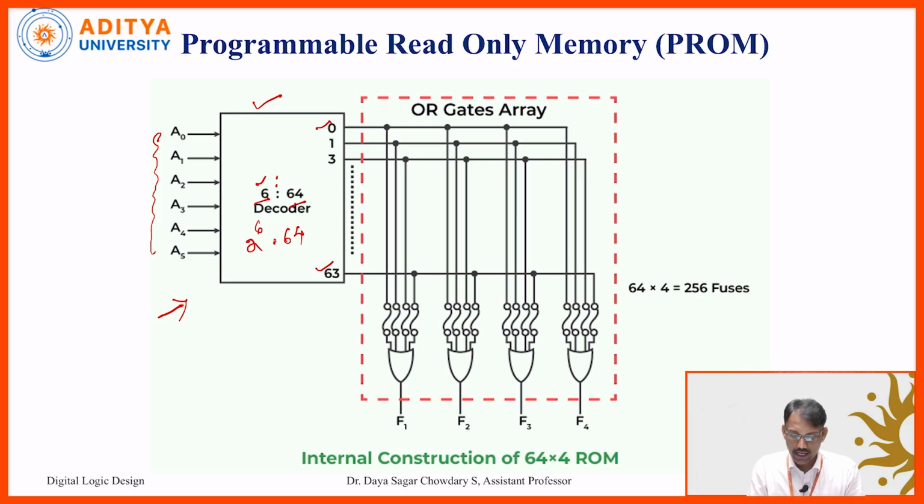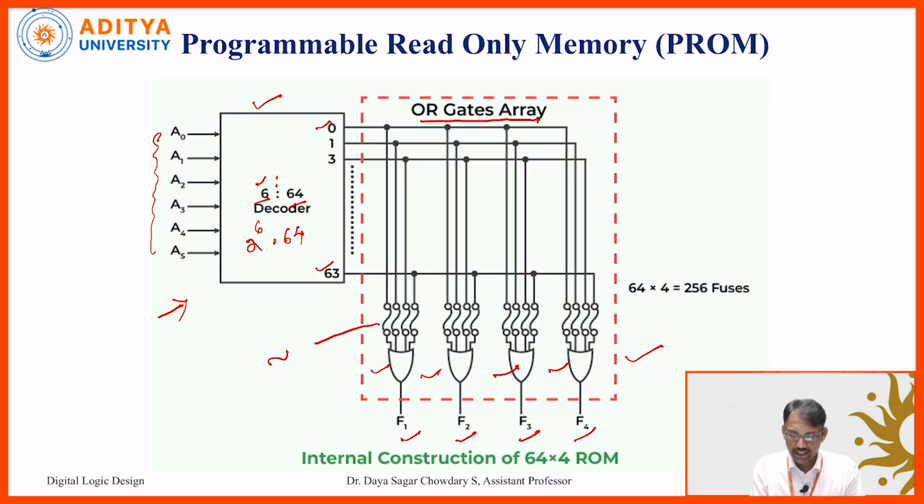Coming to the OR array, this is the OR gates array. Whatever the required functions are, these are the outputs, and each OR gate is directly connected to the output of this decoder with the help of fuses.